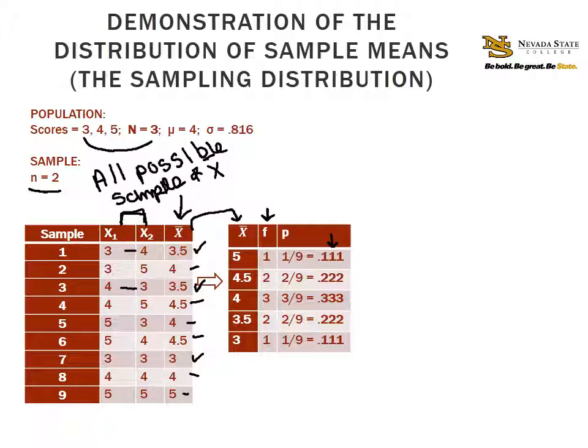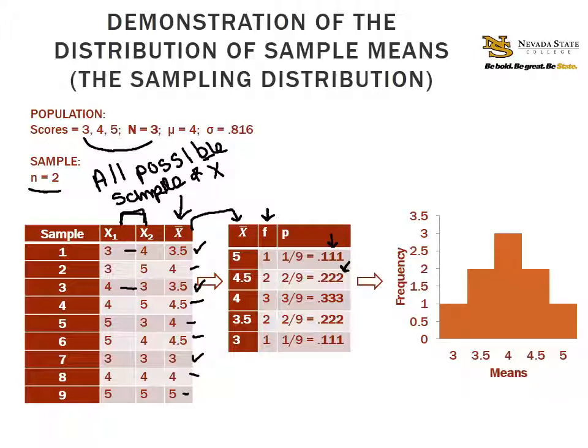There's a 22.2% chance that if we randomly selected 2 scores from this population, they would have a mean of 4.5. In a future lecture, we're going to look at determining probabilities of specific samples using the unit normal table, but we're not there yet.